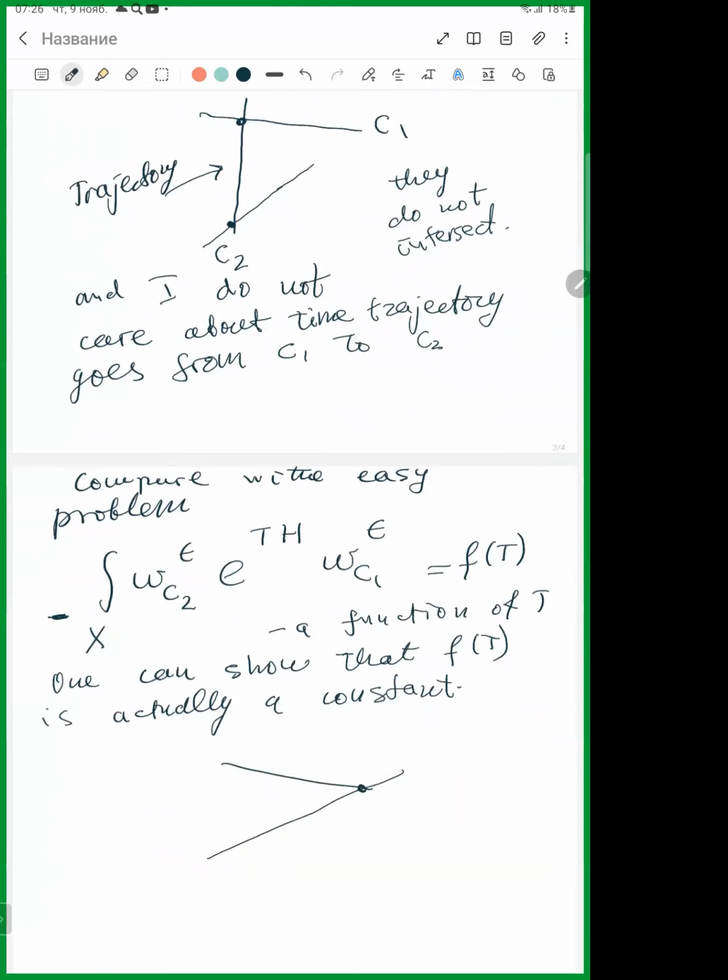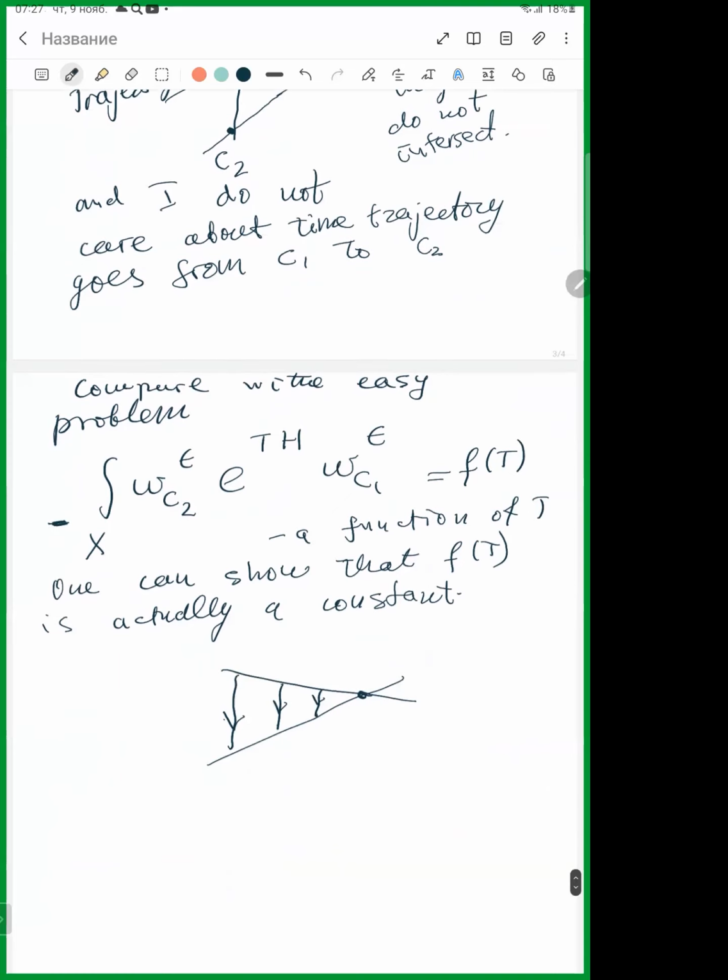So picture is like this. So how can I show it? I take derivative of f of t with respect to t.